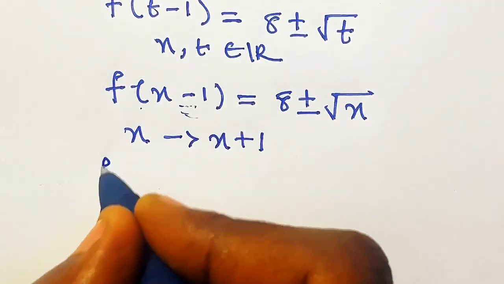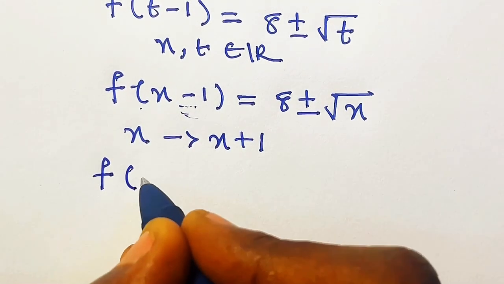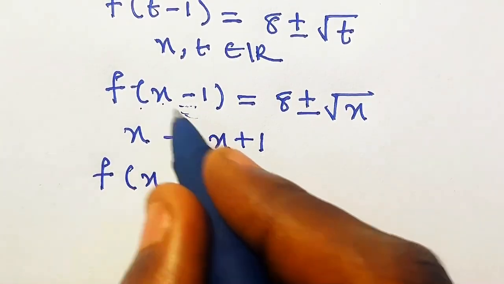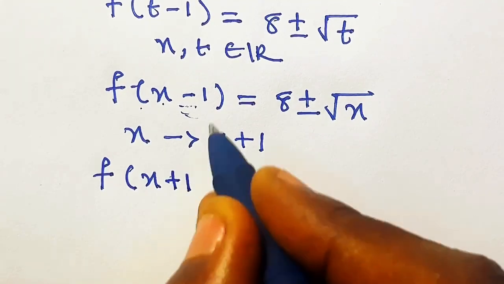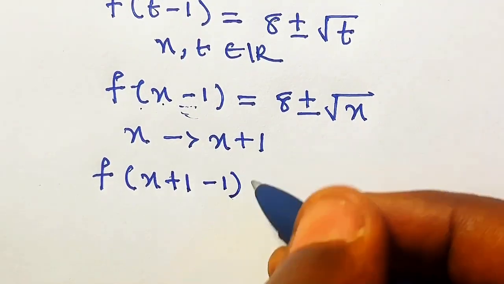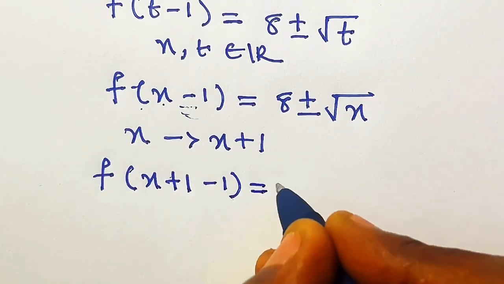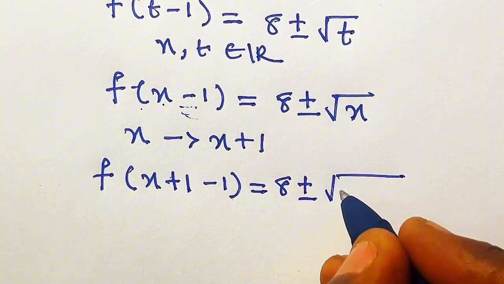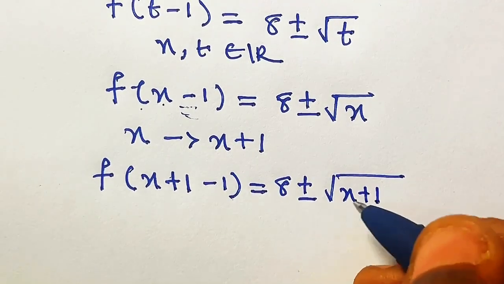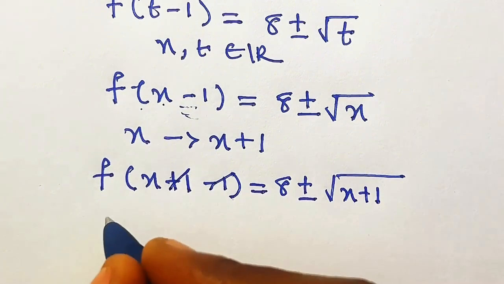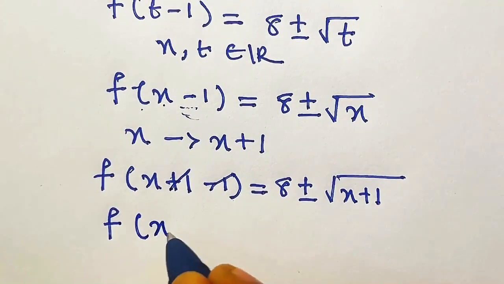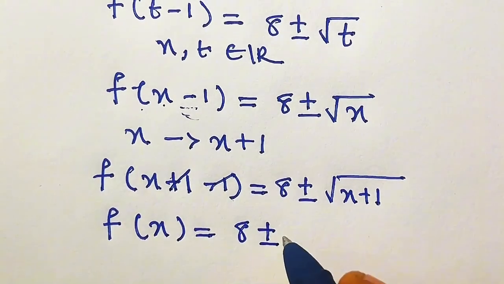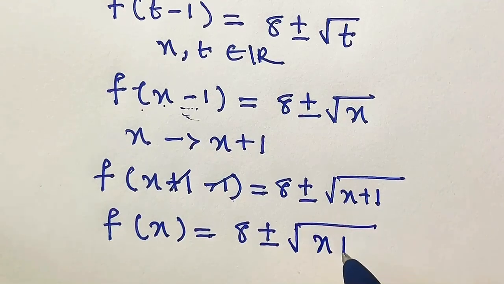So now we have f of x plus 1 minus 1 equals 8 plus or minus the square root of, we have x here, so let x be x plus 1. So we cancel this out, and we have f of x equals 8 plus or minus the square root of x plus 1.